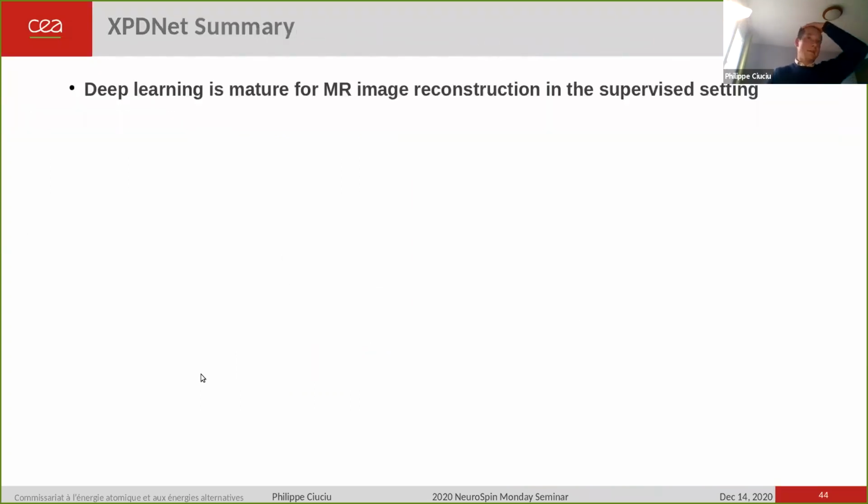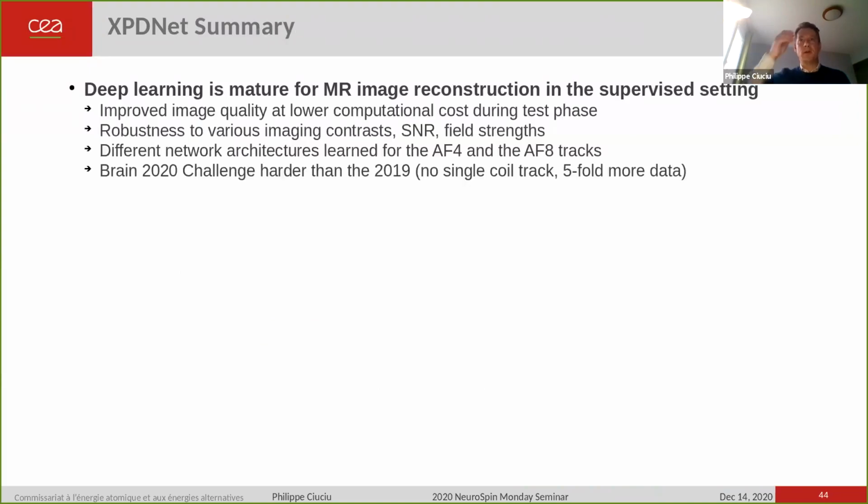So to summarize about XPDNet, I have tried to convince you that deep learning is mature for MR image reconstruction, in the supervised setting at least, because we got improved image quality at lower computational cost. We were also robust to various imaging contrast, signal-to-noise ratio, and field strengths.